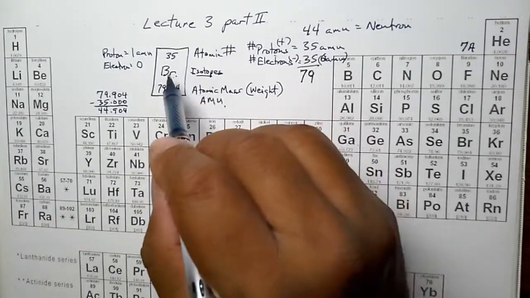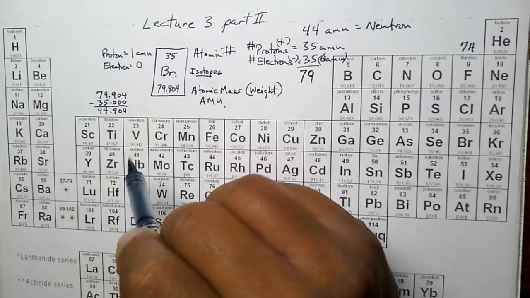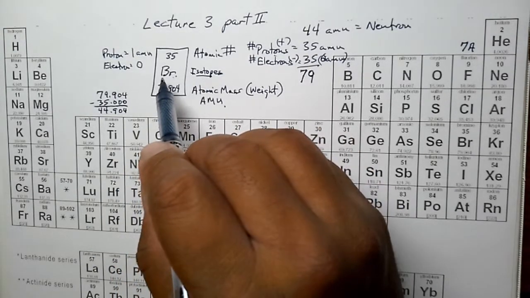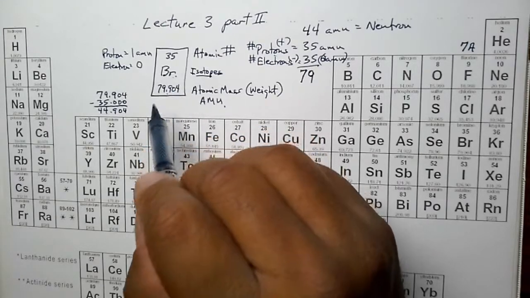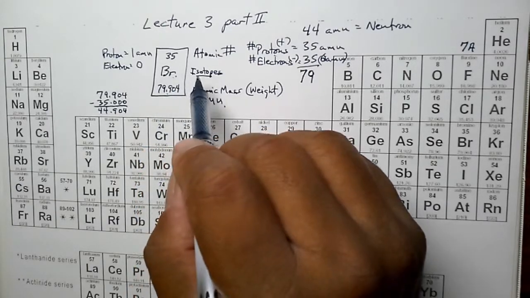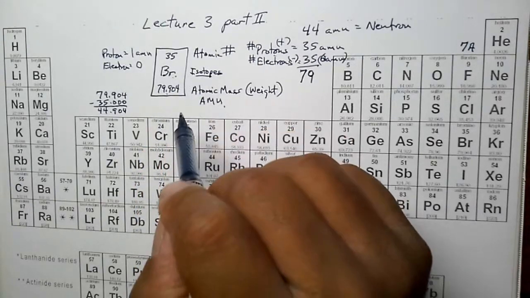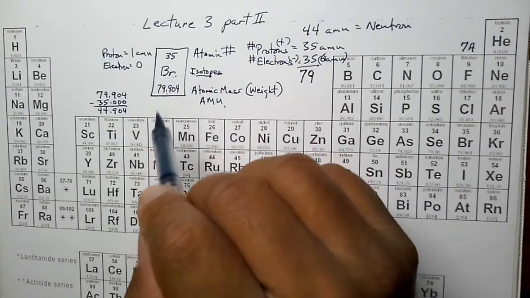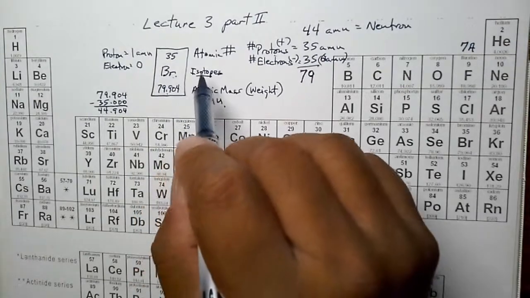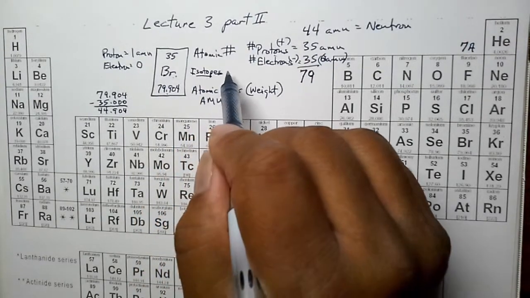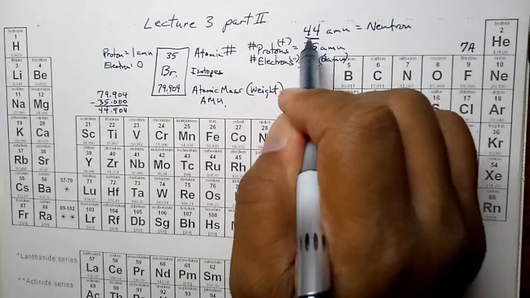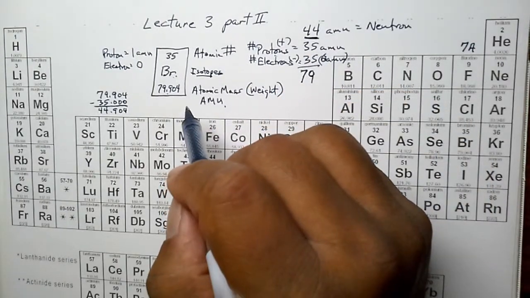Those are molecules or elements of bromine that have different characteristics, but they are the same. They are bromine. The characteristic that they possess is a difference in the number of neutrons present.